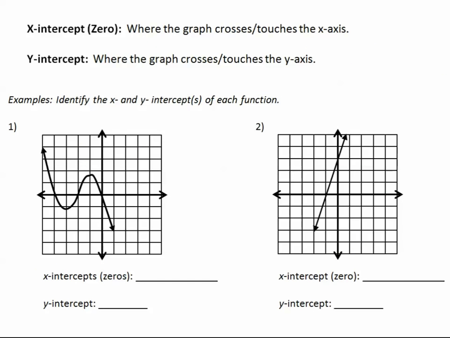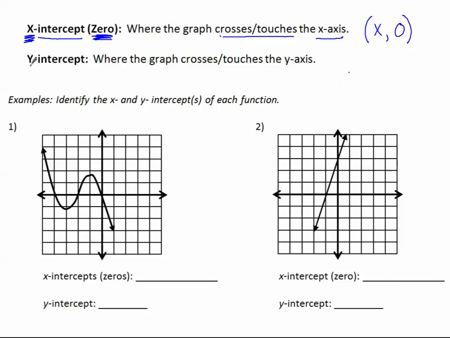Let's talk about intercepts and zeros. The X-intercept is also known as the 0. That's where the graph crosses or touches the x-axis. The way to write the 0 is as an ordered pair: whatever the x value is, comma, 0.